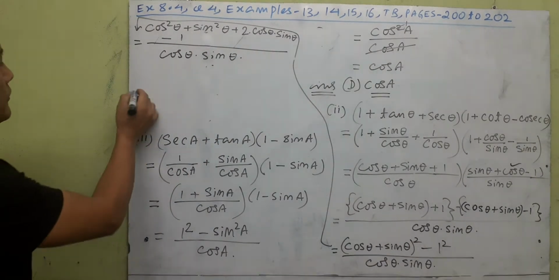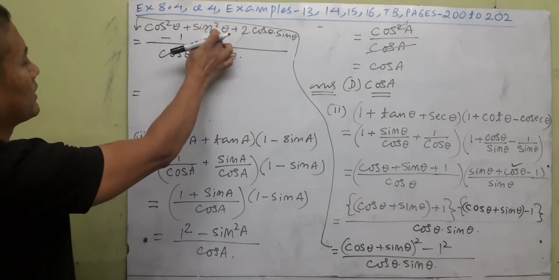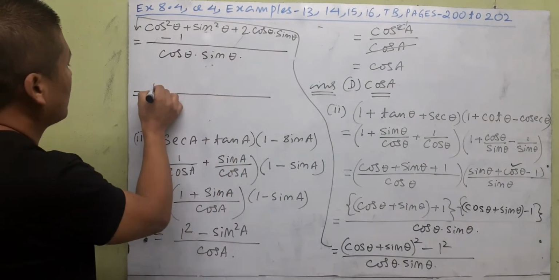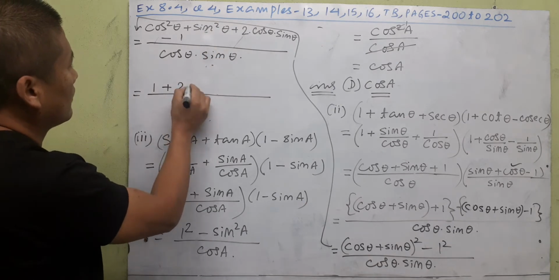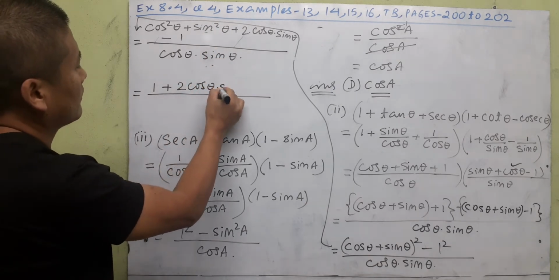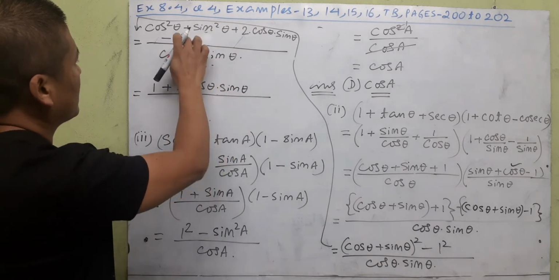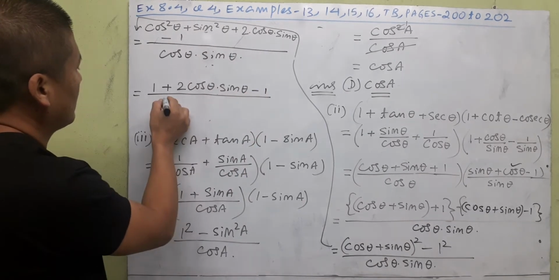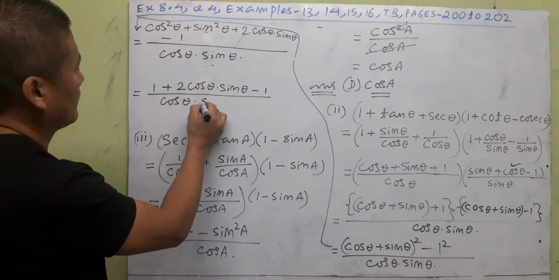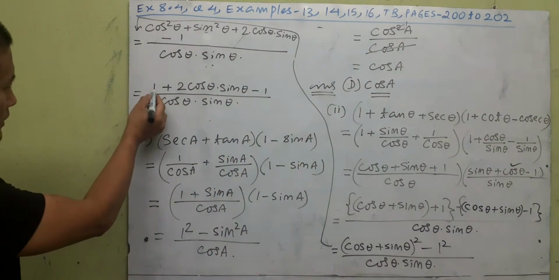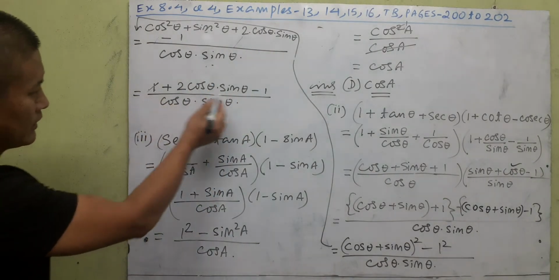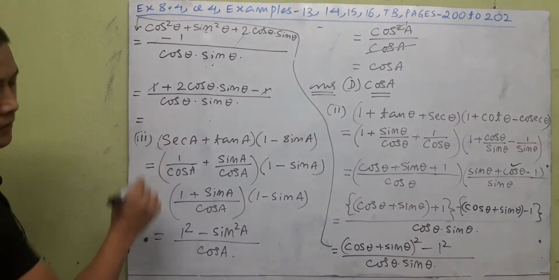Now here, these two together, cos square theta plus sine square theta is nothing but 1. Up to here is 1 plus 2 cos theta into sine theta, the same thing here, minus 1 by cos theta into sine theta, right? Then here, plus 1, here minus 1, 0.